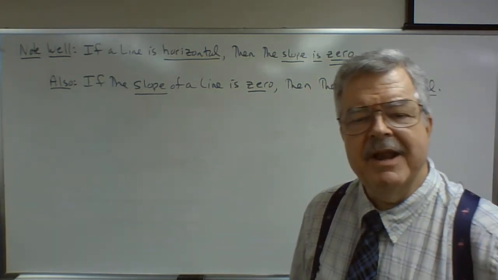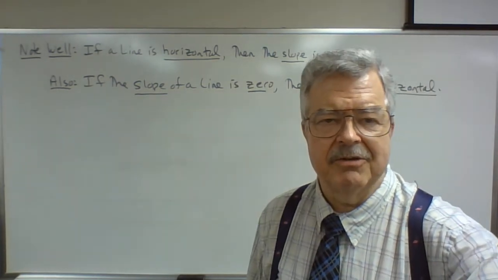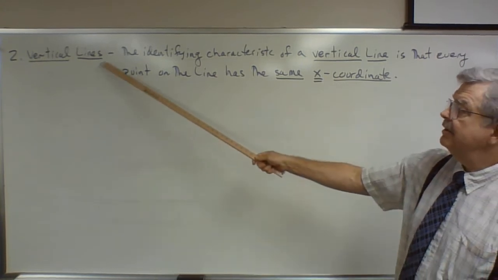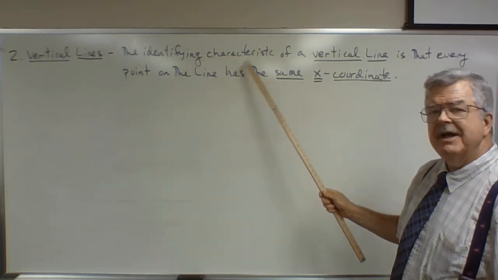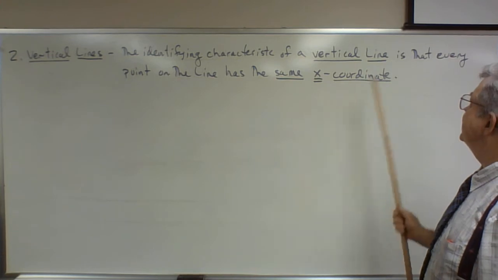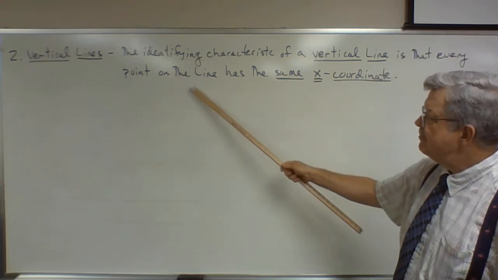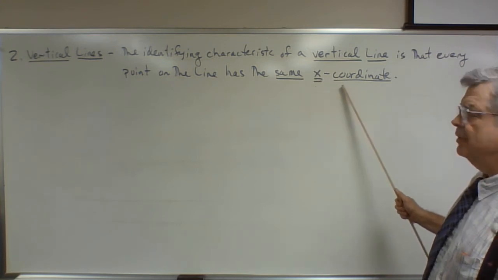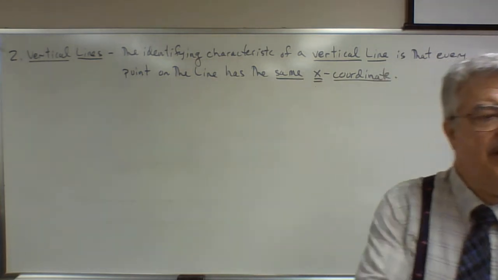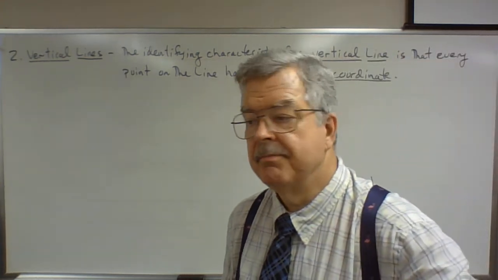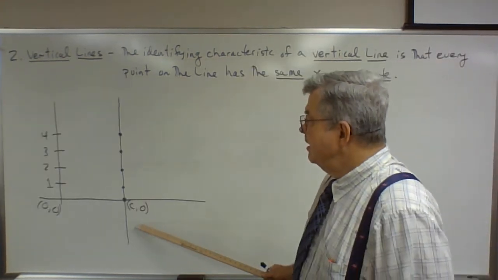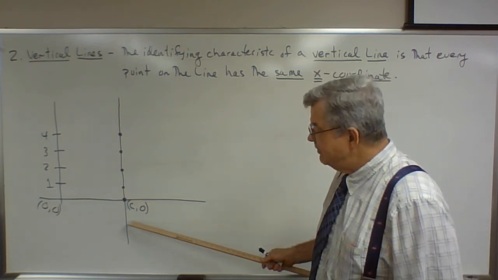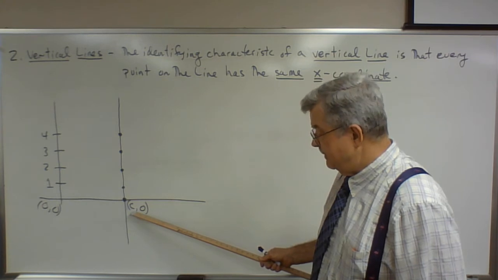Now let's look at the next special case, the second special case. Vertical lines. The identifying characteristic of a vertical line is that every point on the line has the same x-coordinate. Let's take a look at an example. Here we have a vertical line, and the x-intercept of that vertical line is c.